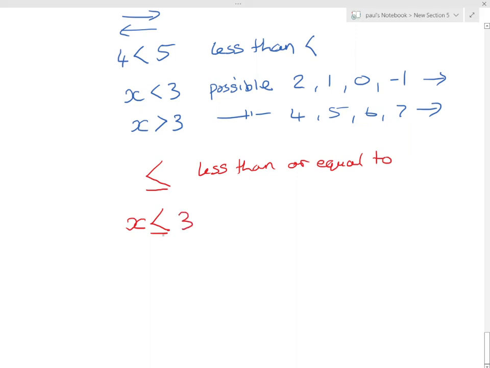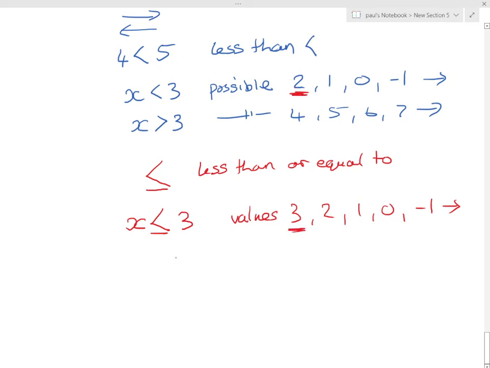So this means that x could be equal to 3, so the values of x could be 3, or it could be less than. So it could be 3, 2, 1, 0, and -1, etc. So you see the difference between the less than or equal to is just that it includes the value you can see on the other side, whereas the less than only, it started at 2, this one started at 3.